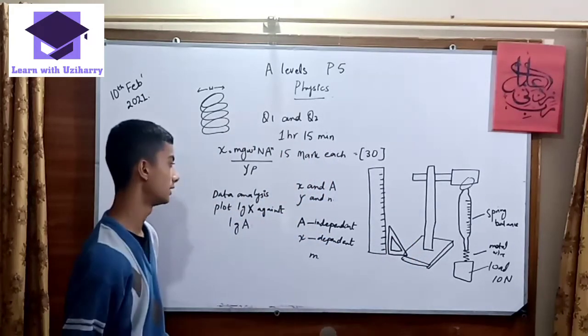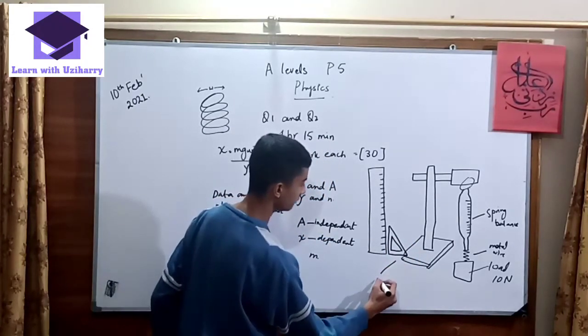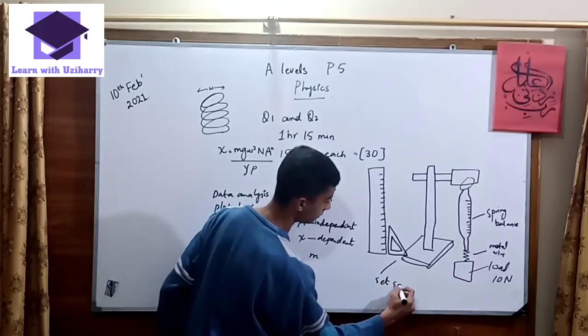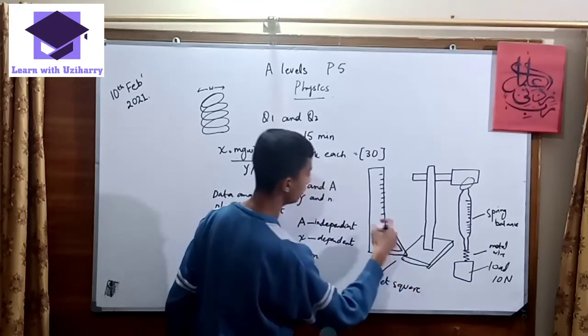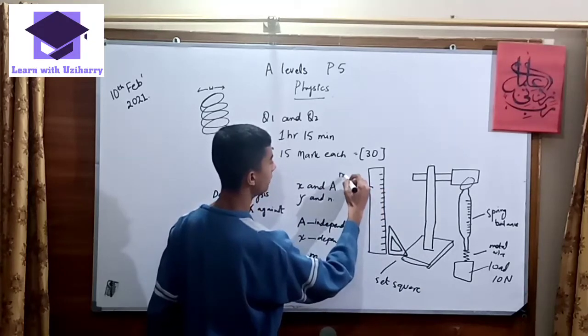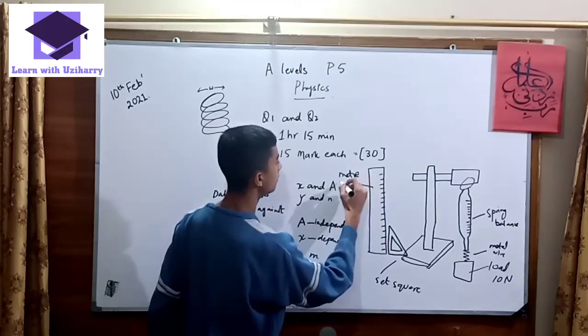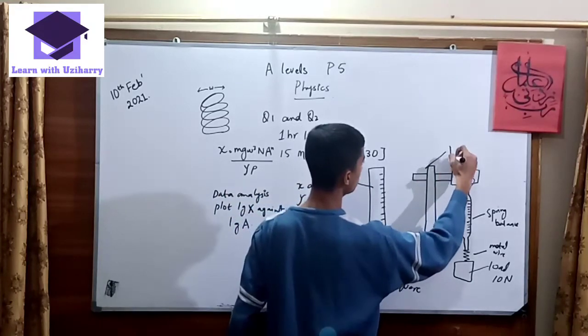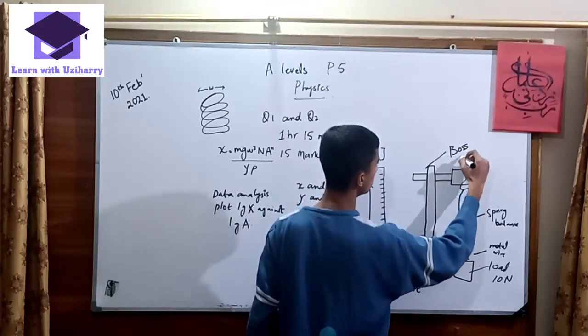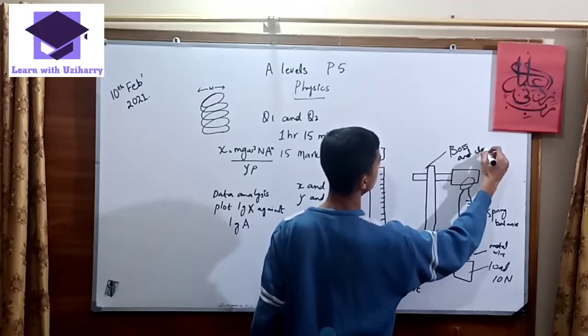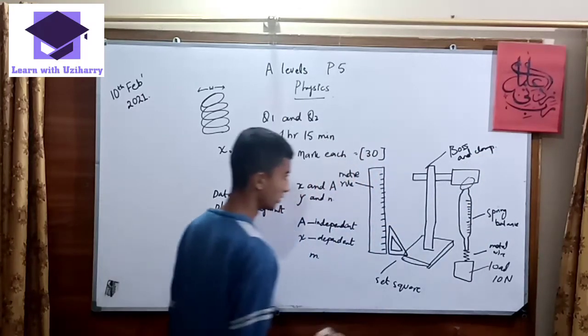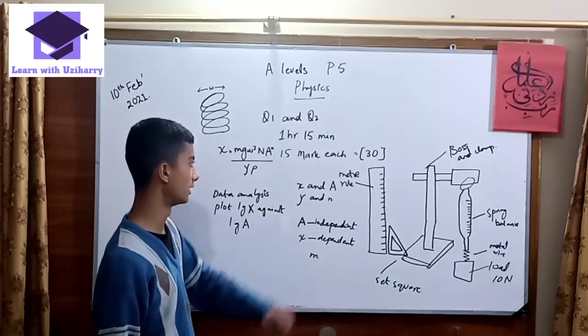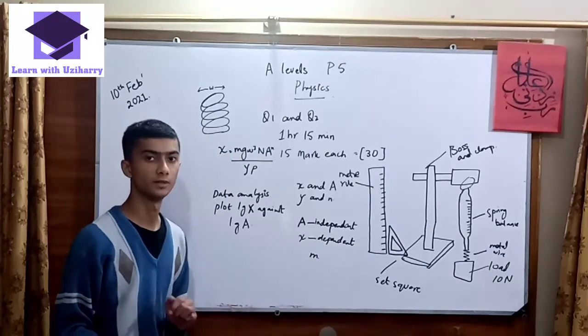You need to label the set square. The graduation of the meter rule will already be written; you just need to write meter rule. So: boss and clamp, spring balance graduation, set square, meter rule. That is fine for the question.